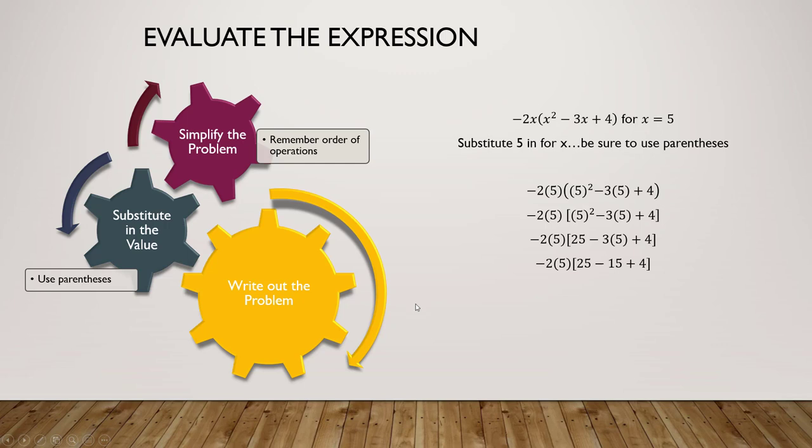We would have -2 times the quantity 5, opening a square bracket, 25 minus 15 plus 4. Since we only have addition and subtraction inside the square bracket, we would do that from left to right, getting 14. So we would have -2 times the quantity 5 times the quantity 14. -2 times the 5 is -10. So -10 times 14 is -140.